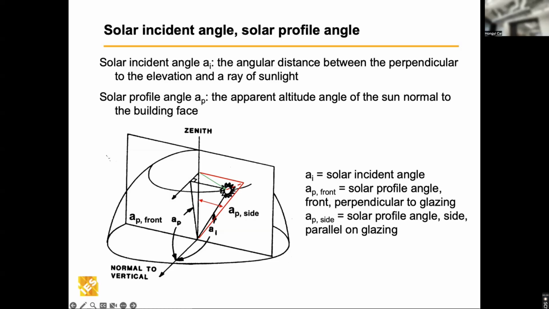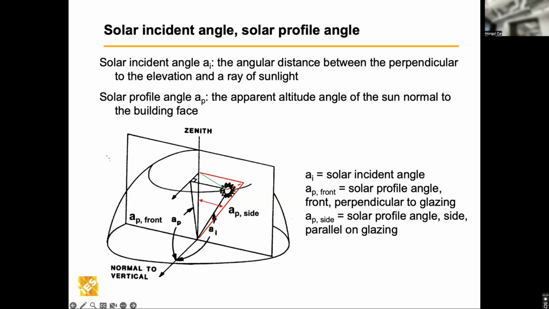When you project your sunlight onto this vertical plane perpendicular to your window, you get a projection right over there. That projection line will be like this line. This is the sunlight, and when you project the sunlight onto the perpendicular plane of your window, you get a projected line right over there. Make sense?